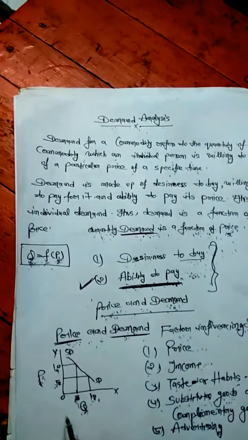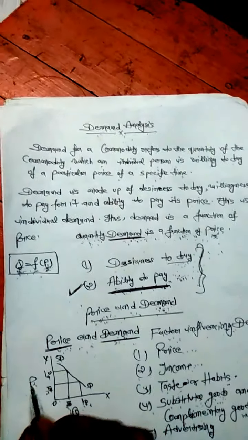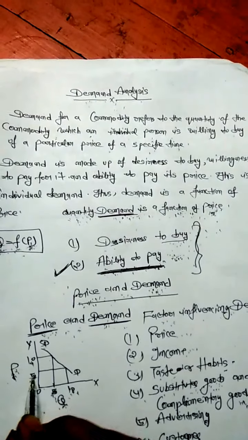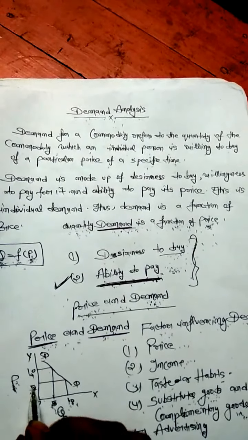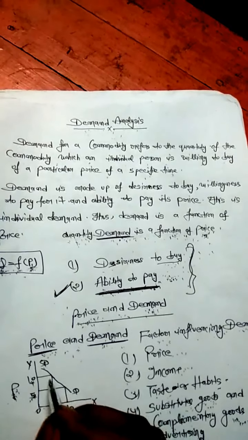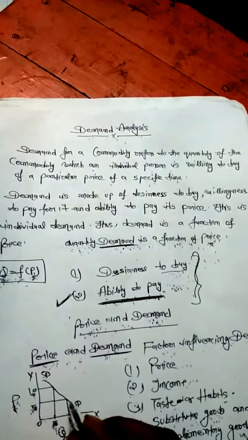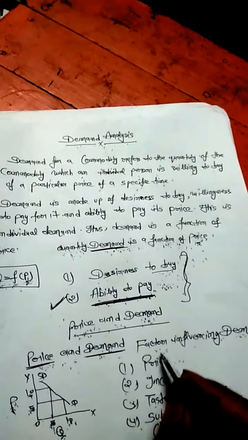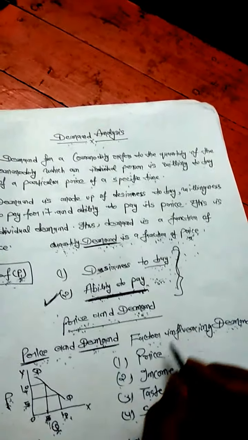Can we express this in a diagram? Price and quantity. If at price 5 the quantity is 10, and at price 10 the quantity is 5, that's our negative relationship. The first factor influencing demand is the price.